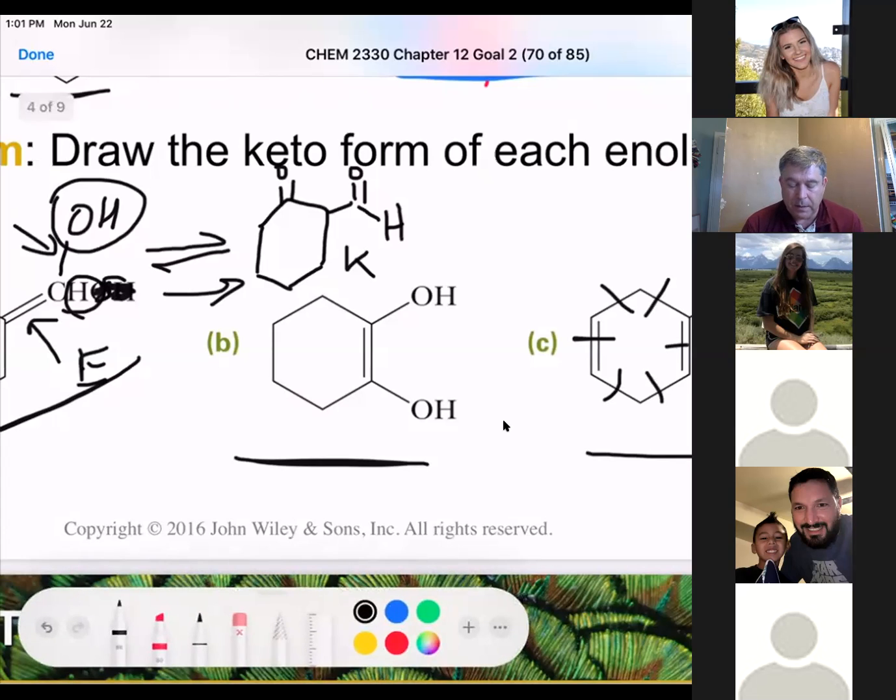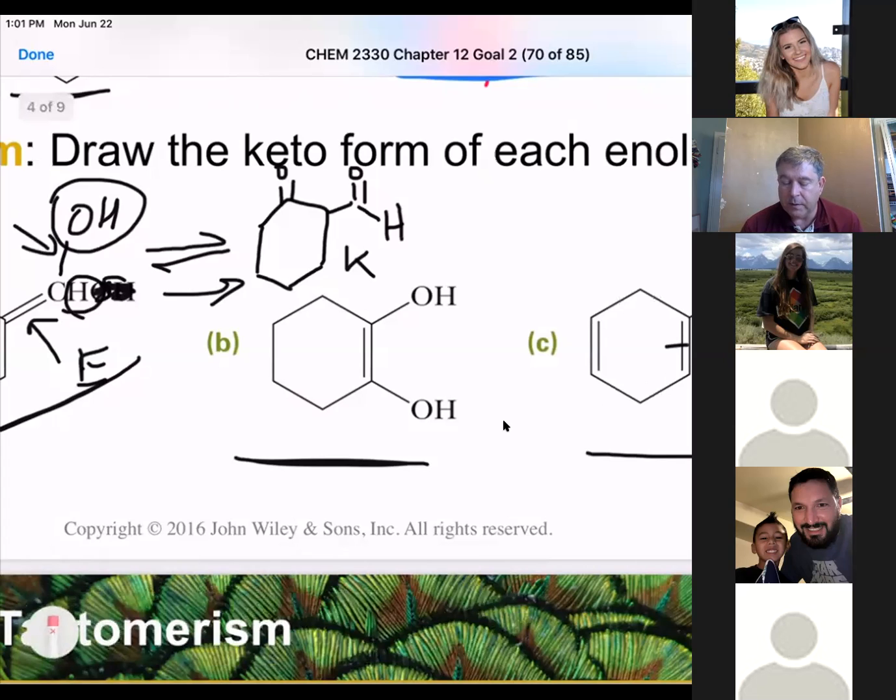So the only option we have on this one is to keep most of the structure the same, and we end up forming a double bond between the oxygen and the carbon, and the hydrogen gets transferred over to here. So this is the enol form right there, and this is the keto form right here.